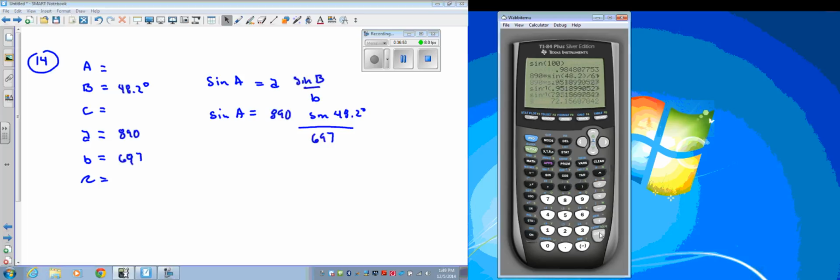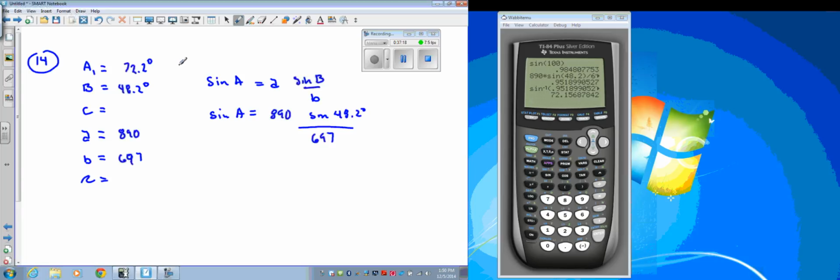So we have 72, and I'm going to round off to one decimal place because that's what this one is. This is my angle, the one that I've calculated: 72.2 degrees. So I have A1.